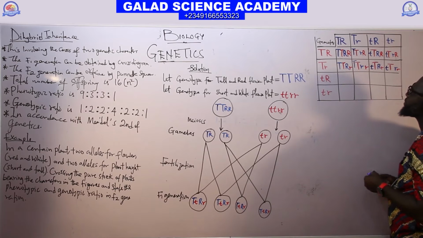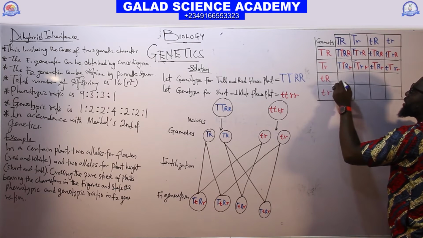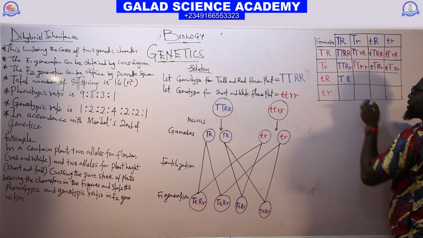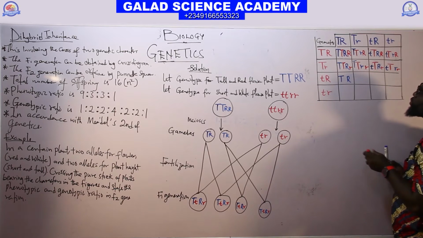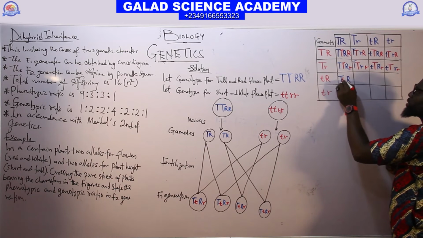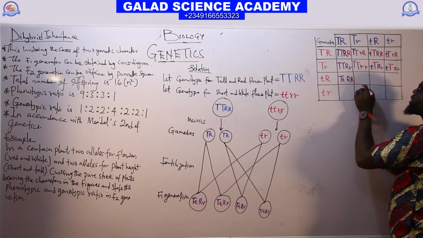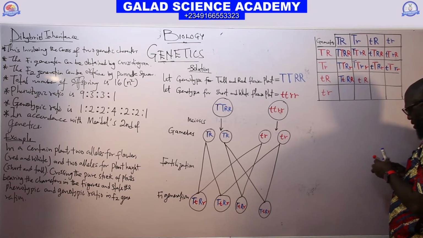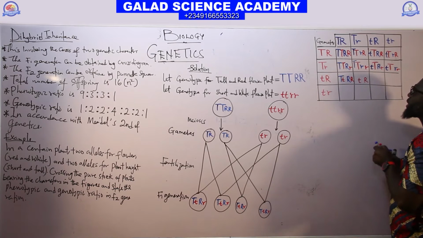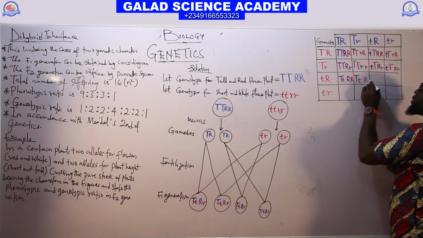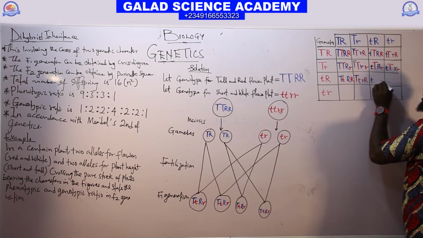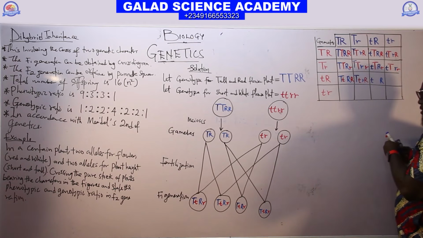And here, T and capital R. For this one, small t and capital R. Then for this one, small t, capital R. Here we have capital T, small r. Here we have small t, big R.